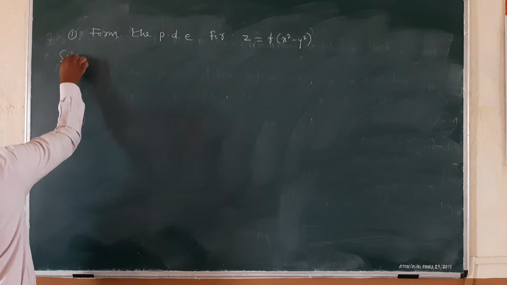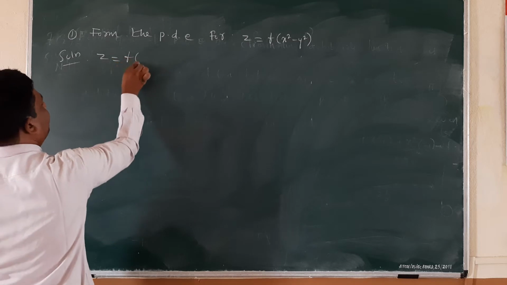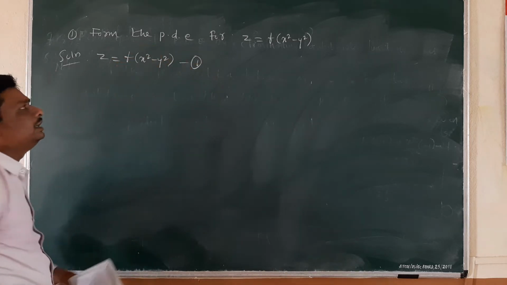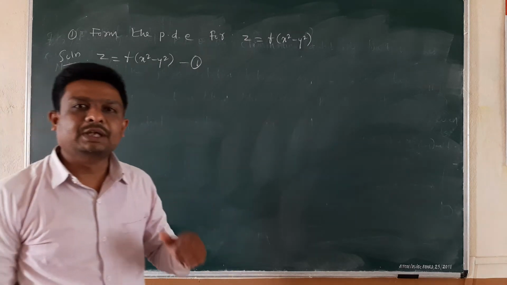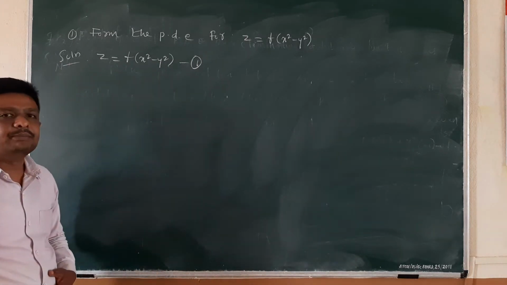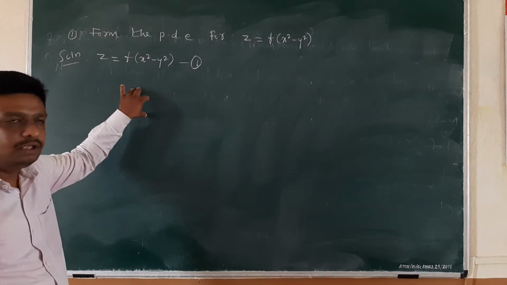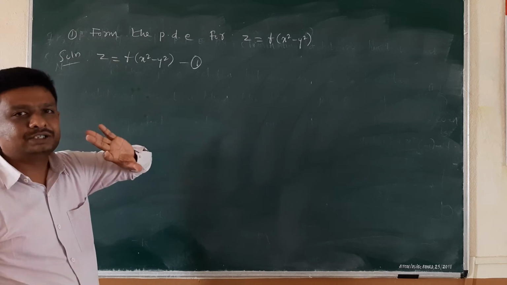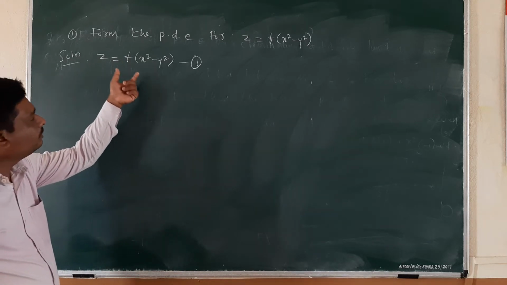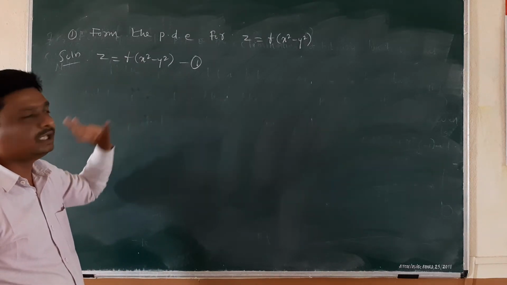Solution: z is equal to f of x square minus y square. I will denote this as equation number 1. In this example, we have to form the partial differential equation by eliminating the function. Here they have given only one function, so therefore I will differentiate this one single time.